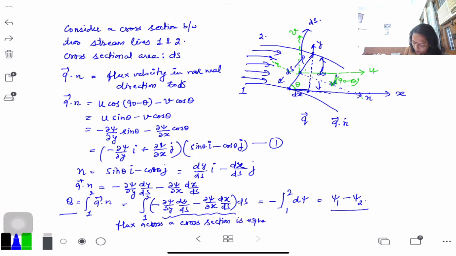is equal to the difference of stream functions at the two flow lines or streamlines which provide the cross section.